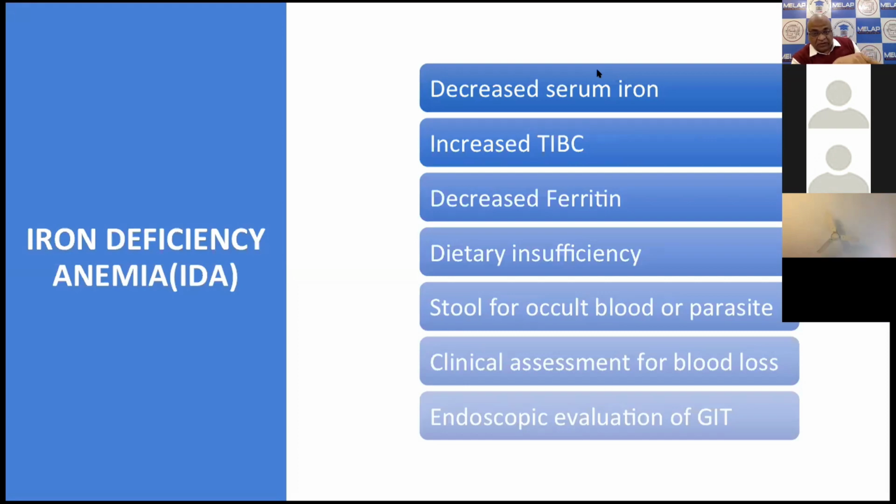Even if stool for occult blood is negative, you must send the patient for colonoscopy. If you are not finding a cause in the lower GI, go for upper GI endoscopy, because we have observed many cases of bleeding malignant ulcers which were diagnosed on endoscopic evaluation, and they were bleeding intermittently. So at one particular time you were not finding stool for occult blood positive. This is very important.